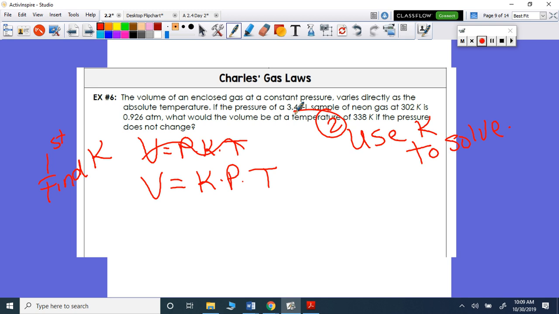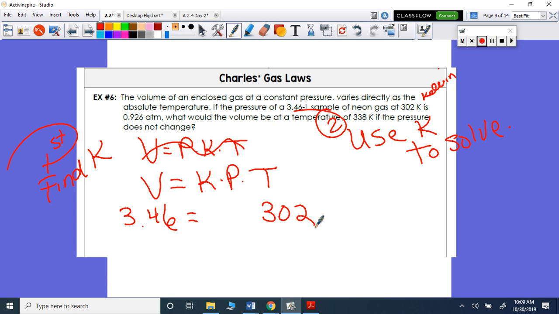So the first step, we have a volume of 3.46 liters. The sample of neon gas is 302 degrees Kelvin. That K is Kelvin, so I'm going to put 302. Don't forget your units.